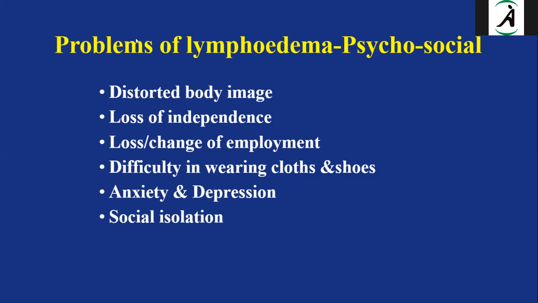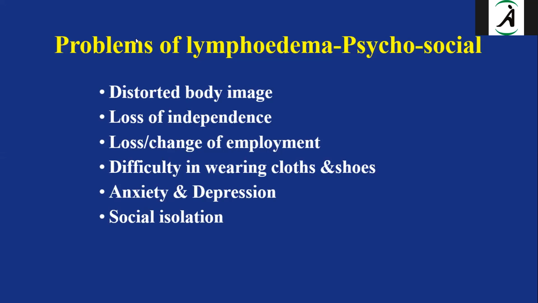And social isolation. Society will not accept this type of patient if the patient has lymphedema. They might have a misconception about this illness, thinking that the patient is developing cancer. We know cancer is there, but lymphedema is a result of damage to lymph nodes or removal of lymph nodes.